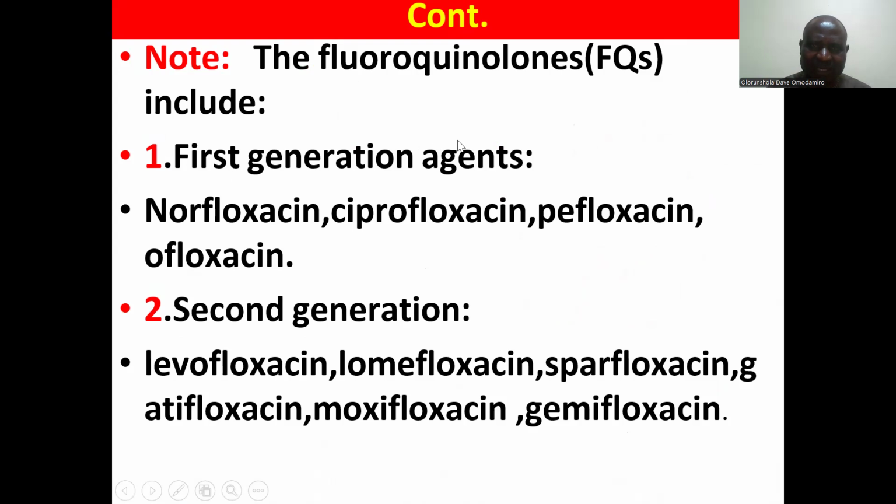fluoroquinolone. The first generation agent, norfloxacin, which sometimes we consider as second generation if we want to separate it from the quinolone nalidixic acid. So we have norfloxacin, ciprofloxacin, pefloxacin, ofloxacin.